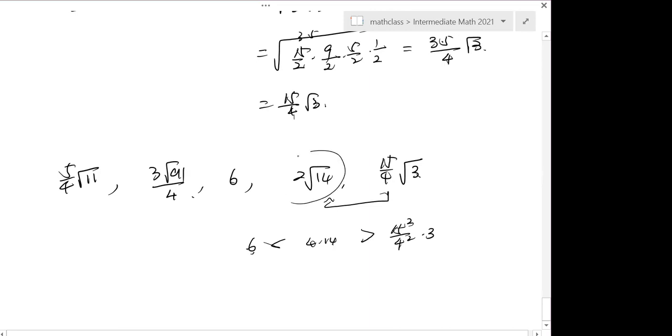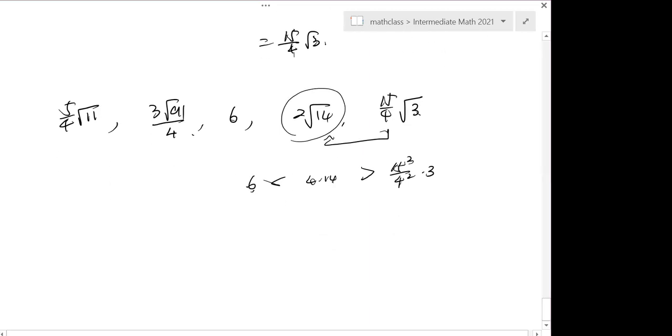So it looks like this will be the largest area you're going to get. All right, so Heron's formula is important. It's useful when the three sides are not equal, or it's not an isosceles triangle.